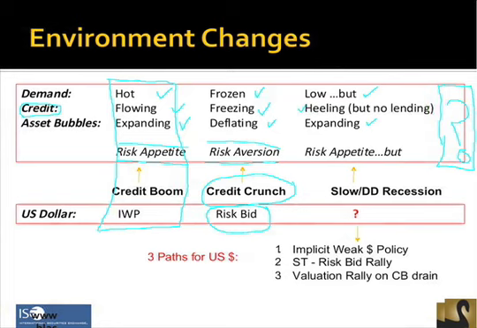If we have an extension of this third phase, which really has used the U.S. dollar as the implicit weak dollar policy that's driven all this credit into the system to pump up global assets, and we see this continue, and at the moment there's a good case that it will, the U.S. dollar probably continues down. In this scenario, the U.S. government is using the dollar to keep global assets afloat and try to infuse some confidence back into the global financial system.